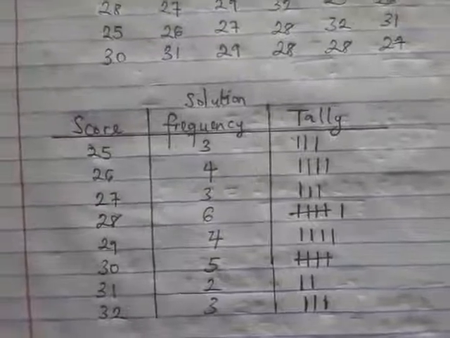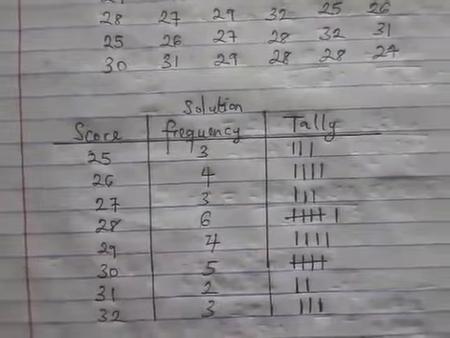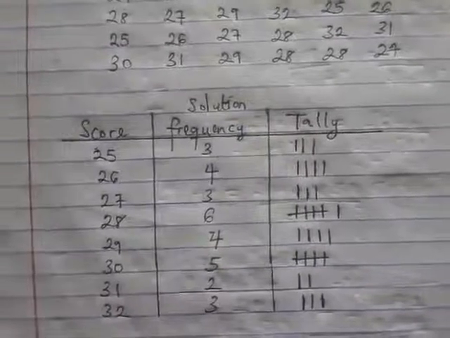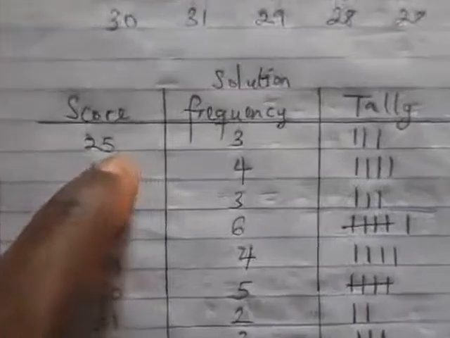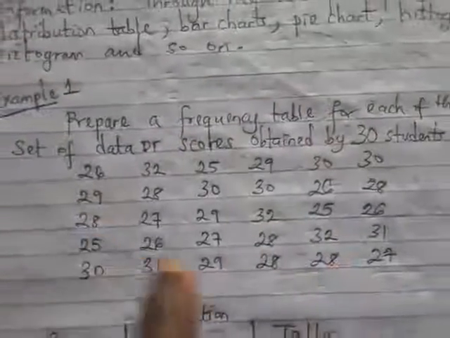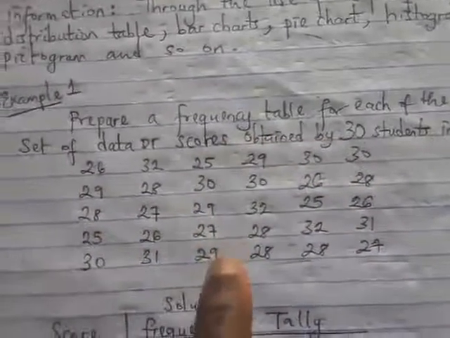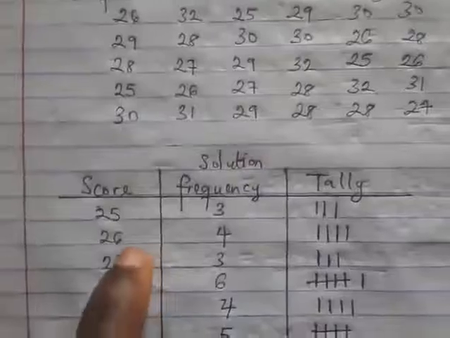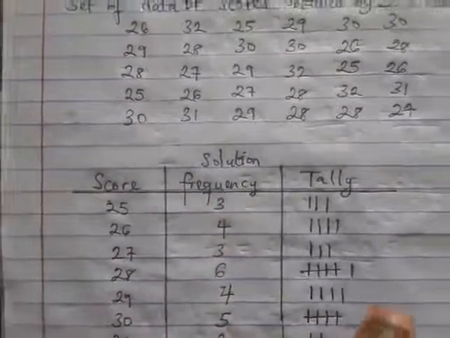Frequency can be defined as how often a number or an event occurs. So, when I mean frequency, I mean how often 25 occurs in these 30 marks. These 30 students obtained all these marks. How often can you see 25? So on and so forth, 26, 27, and so on. We need to find the frequency using a frequency distribution table.